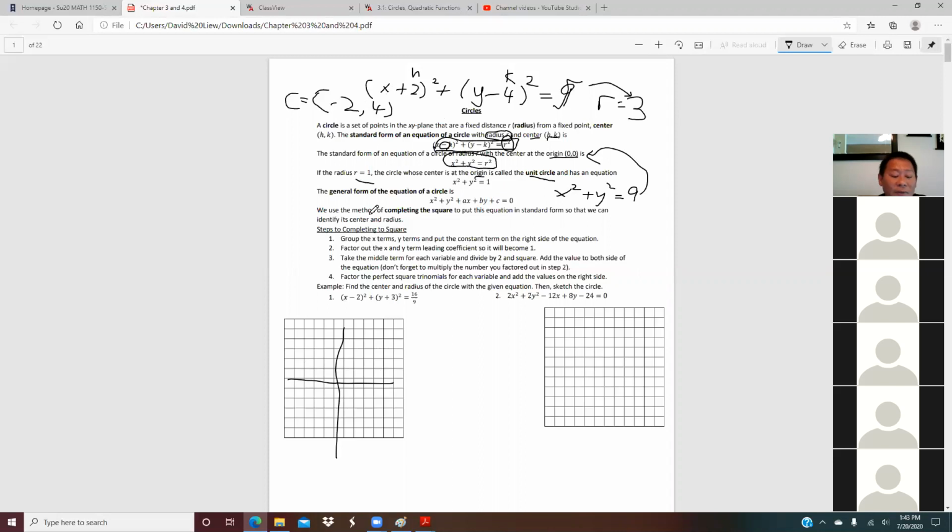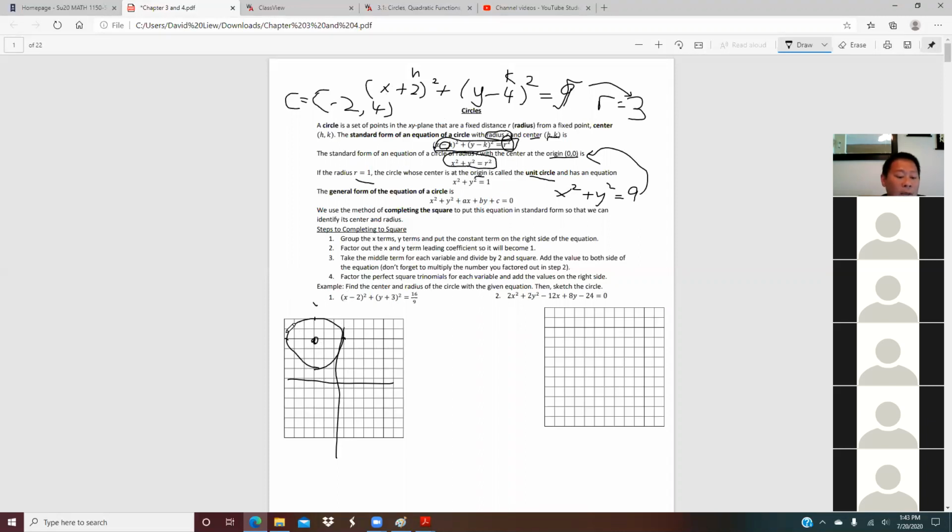So if you have negative 2, 4, you go negative 2 here and then you go up 4: 1, 2, 3, 4. So this is the center of the circle and the radius is 3. So you go 3 in each direction, and then you draw yourself a circle here. I know it's very sloppy.